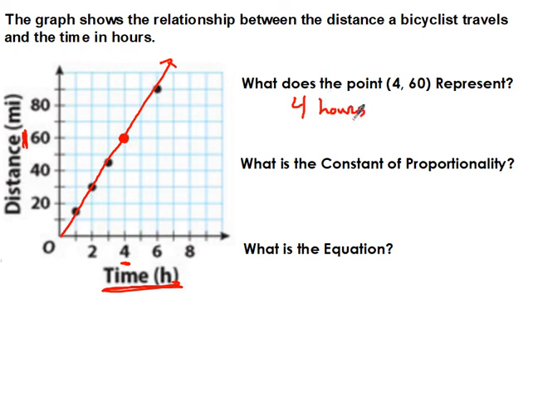That's when I would actually write it in a complete sentence: in 4 hours, the cyclist went 60 miles. That's what that point represents. It tells me exactly how far they've gone after 4 hours.